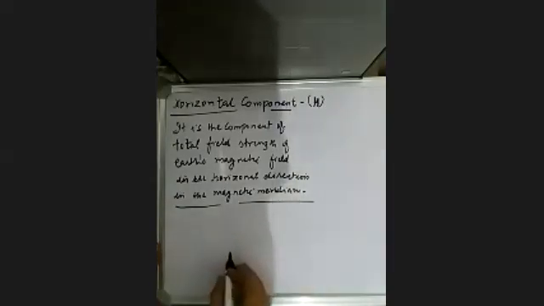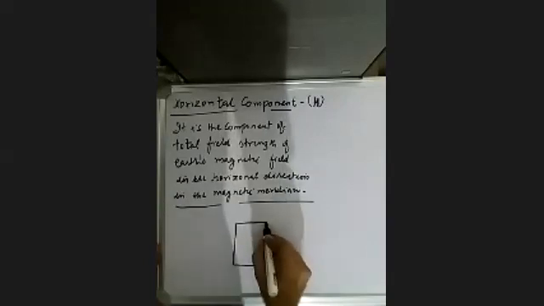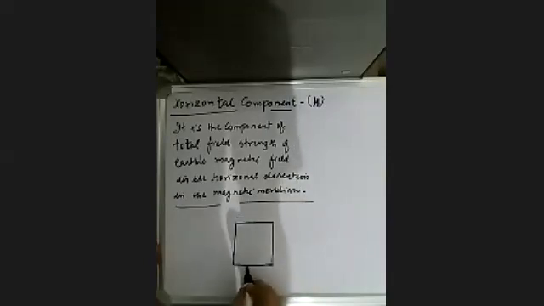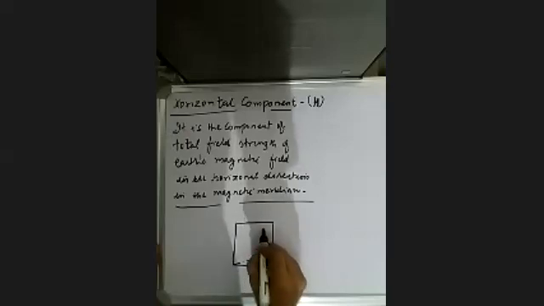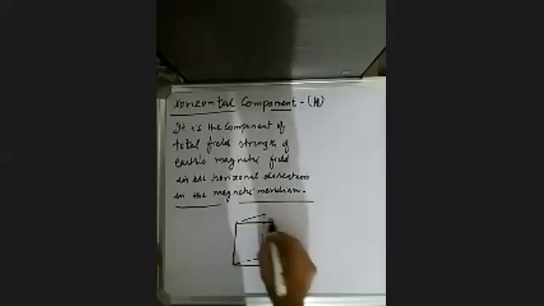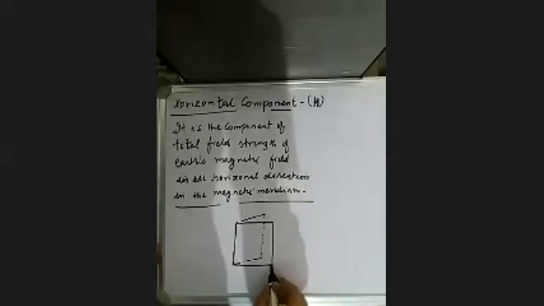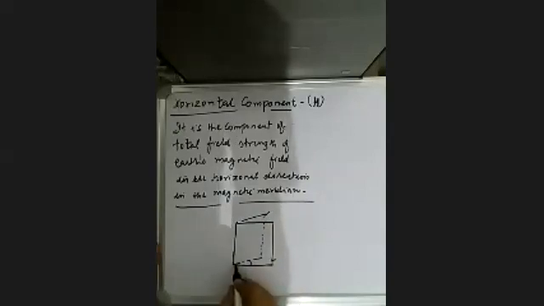So this is your magnetic meridian, and this was a geographic meridian. This is the direction of the geographic axis, and this is the direction of the magnetic axis, and this angle was theta.